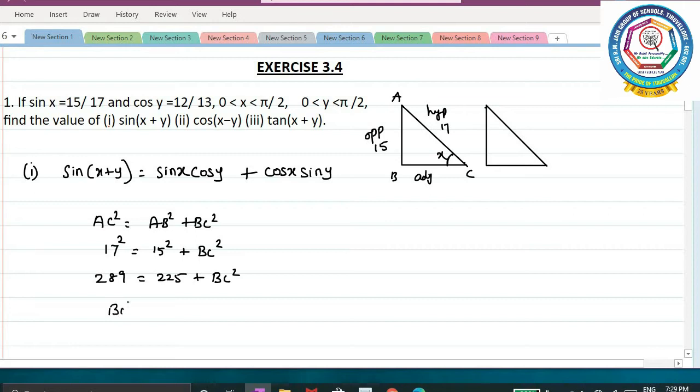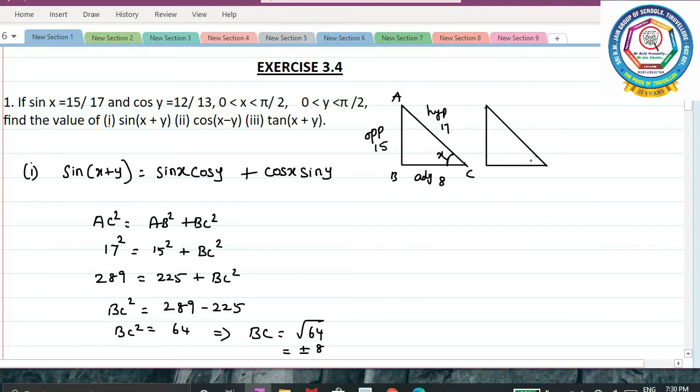Therefore BC square equal to 289 minus 225, that is equal to 64. So BC square is equal to 64, which implies BC is equal to square root of 64, that is 8. So what is the adjacent side? 8.